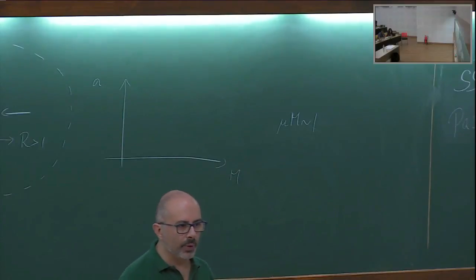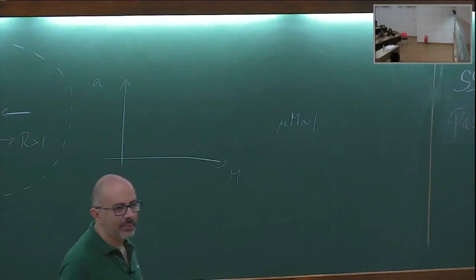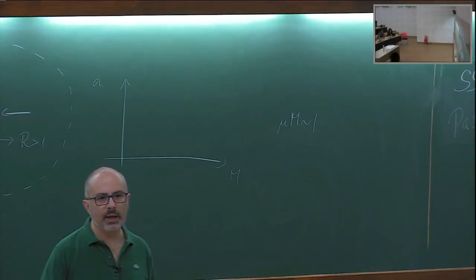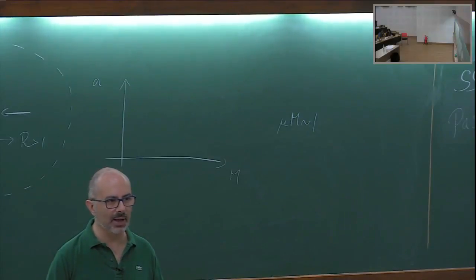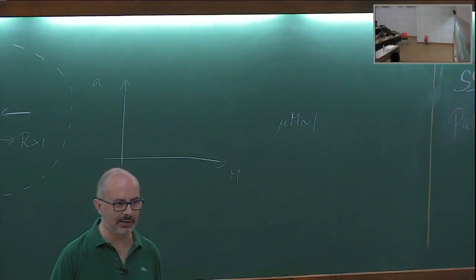So suppose that there are scalar fields in nature, for example, axions, that have the right mass such that the instability is active.